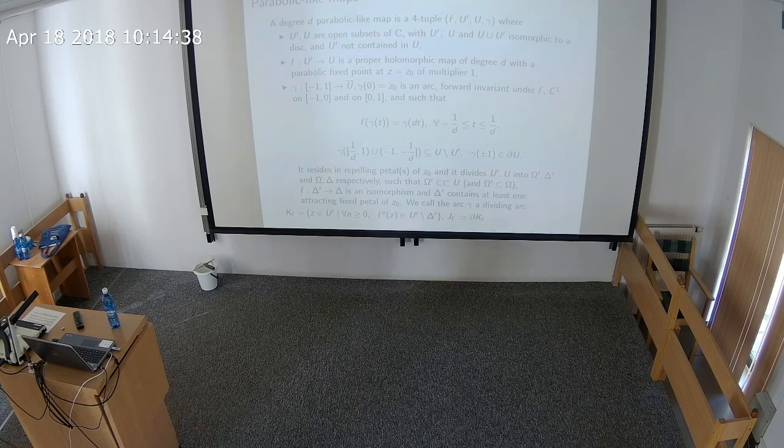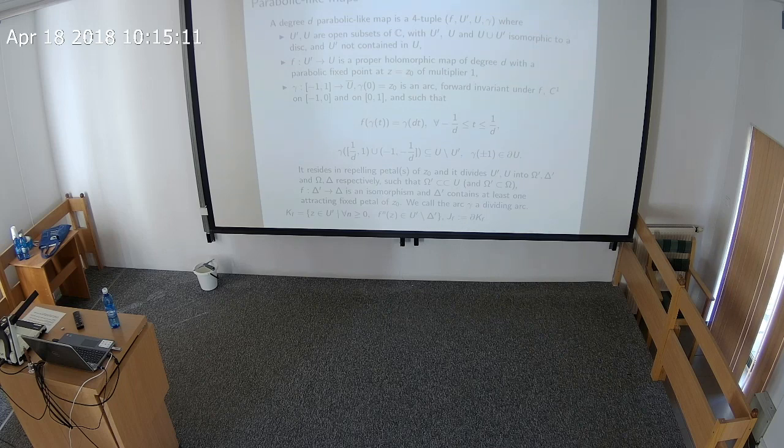The filled Julia set is here inside. This part, you call it omega prime. And the filled Julia set is the set of points that never leaves omega prime union the parabolic fixed point. Is the definition of this thing.